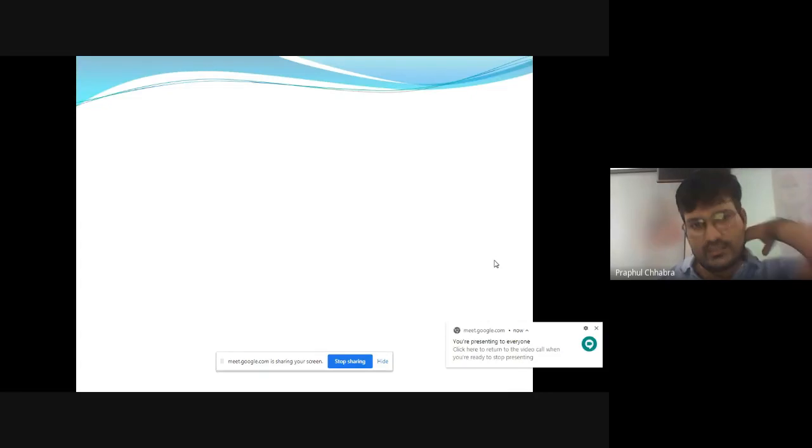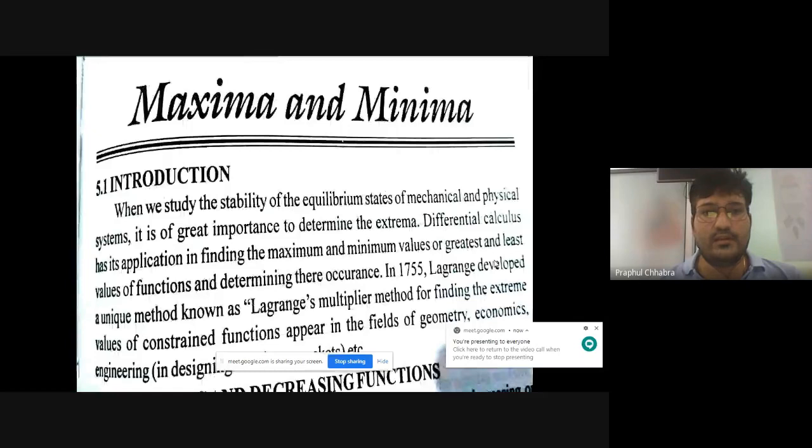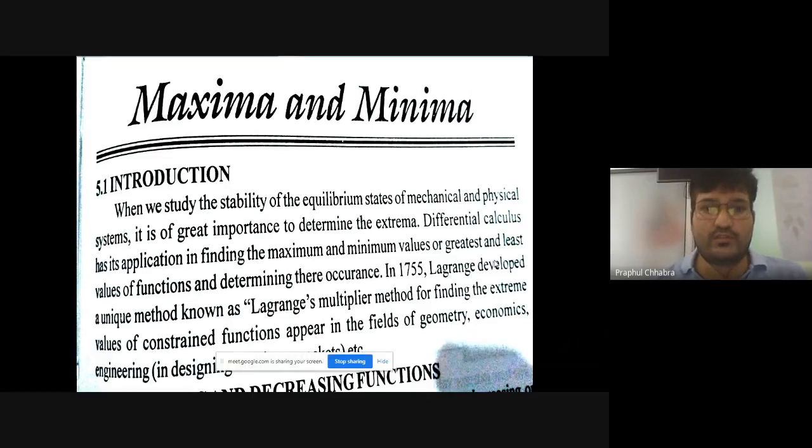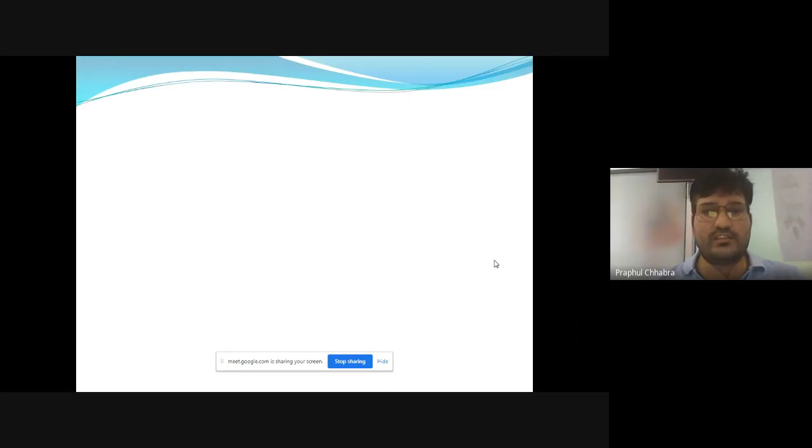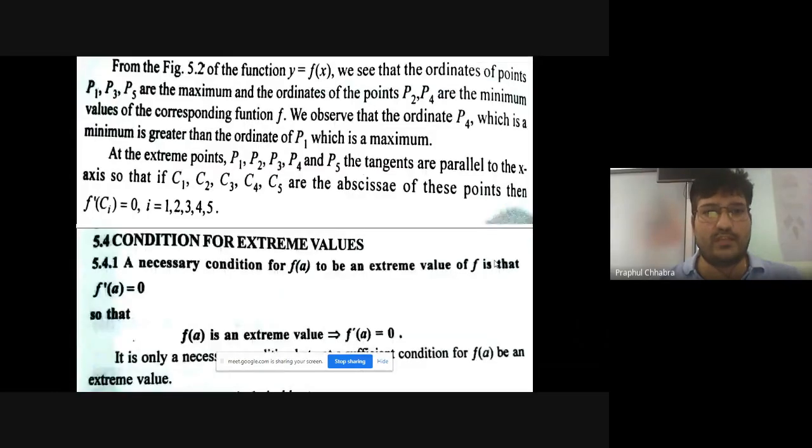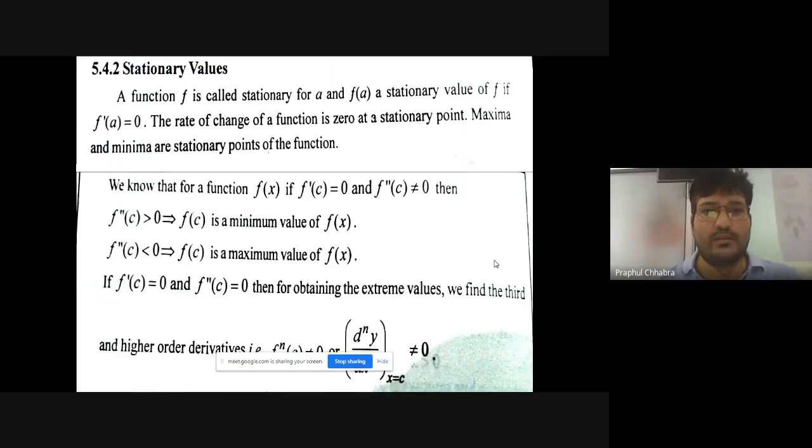In the last video we discussed maxima and minima of one variable, its properties, what is global maxima, global minima, what is local maxima, local minima, stationary values of the given function, the necessary condition, and the necessary and sufficient condition for the given function to find the maxima and minima and the corresponding maximum and minimum values.